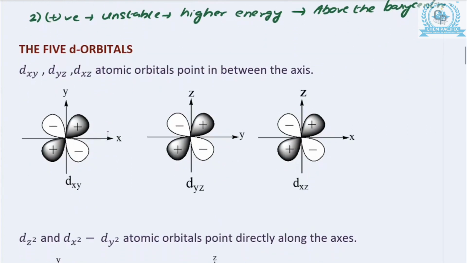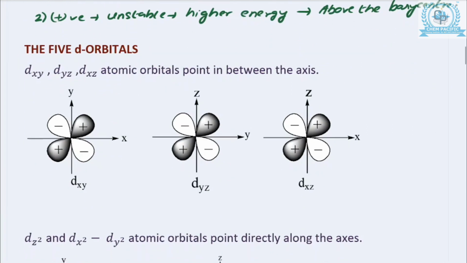Now let us understand the d orbitals. As I already informed, the d orbitals and the ligands actually experience a repulsion due to each other, and this repulsion also depends on the orientation of the d orbitals in space.